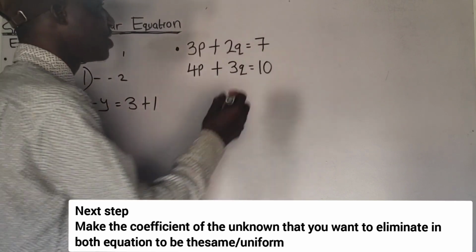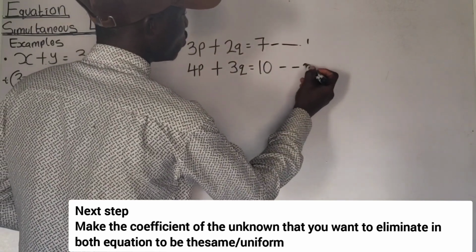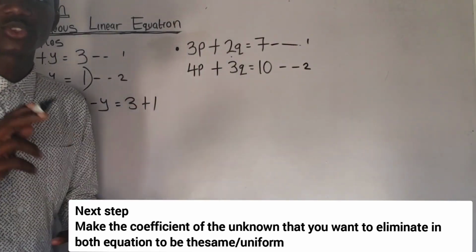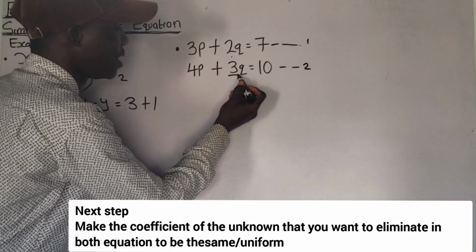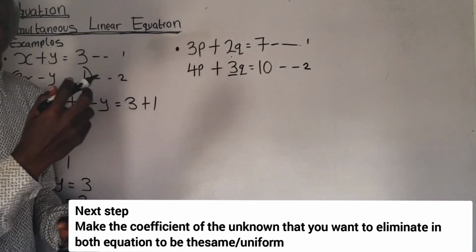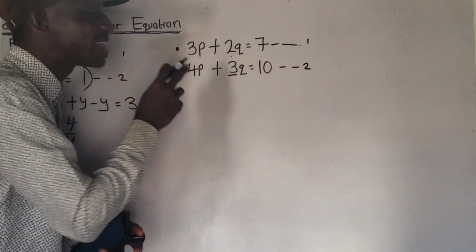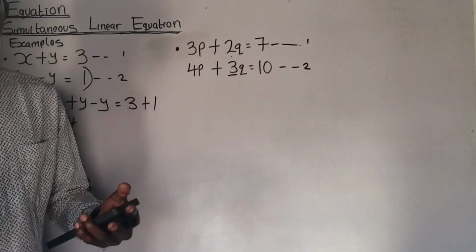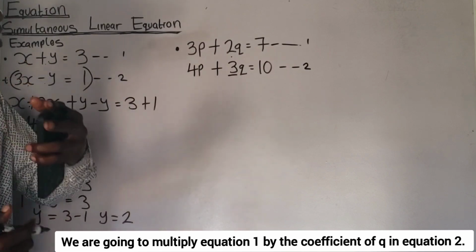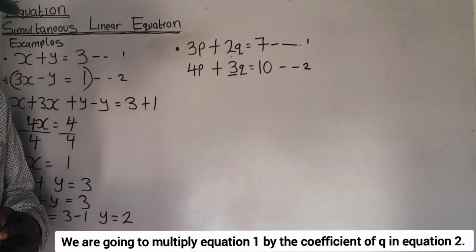This is equation 1 and this is equation 2. The coefficient of q in equation 1 is what? 2. The coefficient of q in equation 2 is what? 3. Now I want to eliminate q. I'm going to make the coefficient of q in equation 1 and equation 2 the same. Now how do I do that?